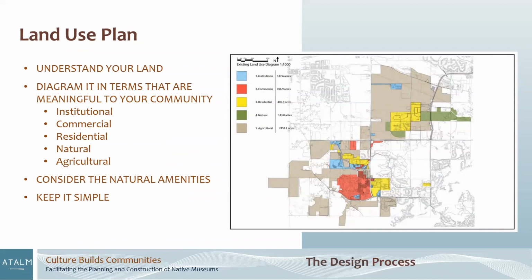Understand your land, and if you can, diagram it in terms that are meaningful to your community: institutional, commercial, residential, natural, agricultural, places you like to go sit under a tree, whatever is critical to you, because if it's critical, it will become part of your effort to keep it or to reinforce it or to understand what you like about it so you can emulate that. Consider the natural elements and keep it simple so that people can identify with it, understand it, and grow with it. So that's a land use plan, and this is an existing land use.